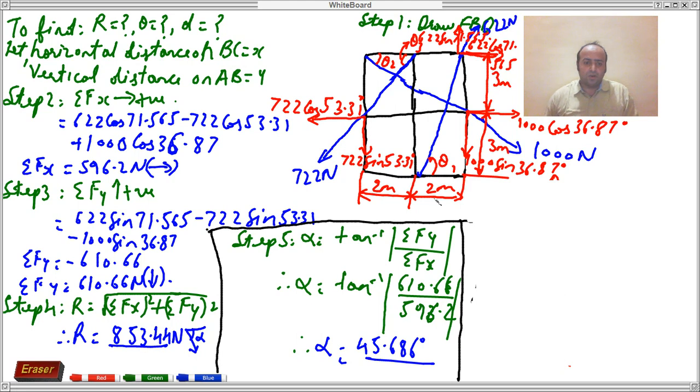So now step number 6, it will be the location of resultant.